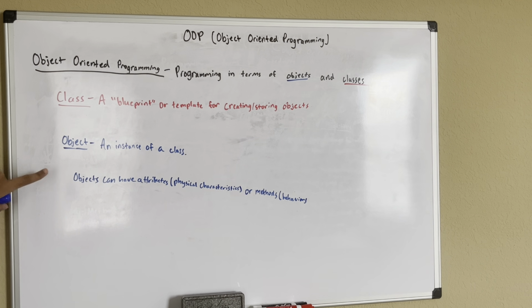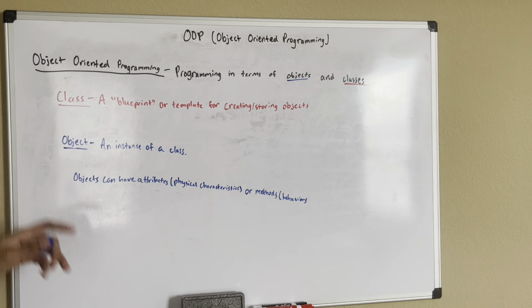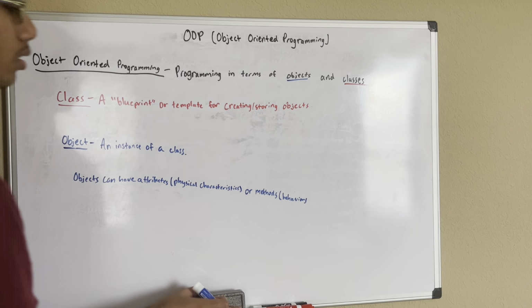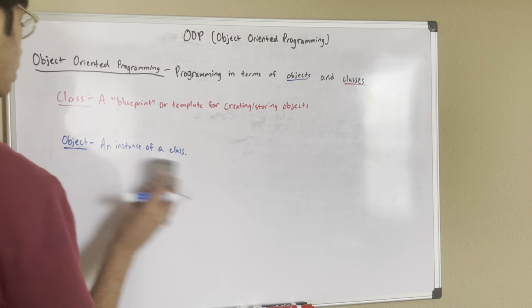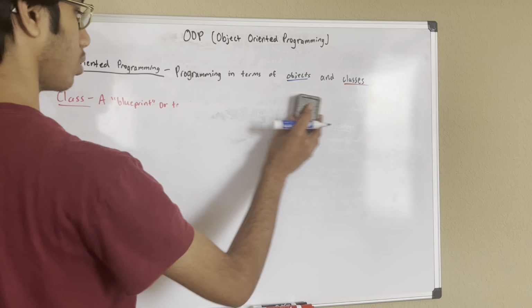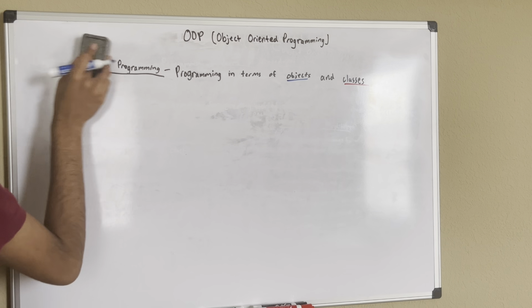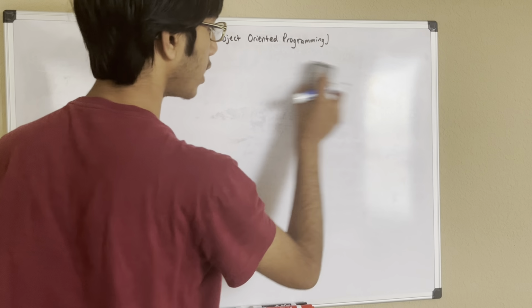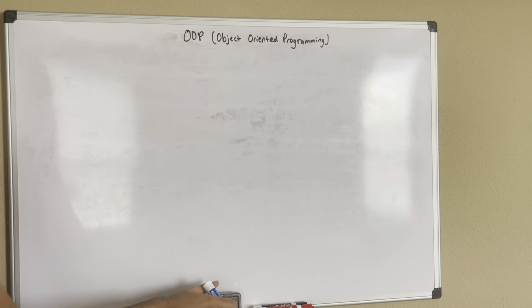So, key thing to know: objects can have attributes, physical characteristics, or methods, behaviors. So, that's kind of a little bit of the introduction of what we're going to do. Let's go ahead and erase this, and let's delve into what we're doing. By the way, if you're in AP, be sure to stop and take notes. This is a key part of your exam, so it's important you should know this.